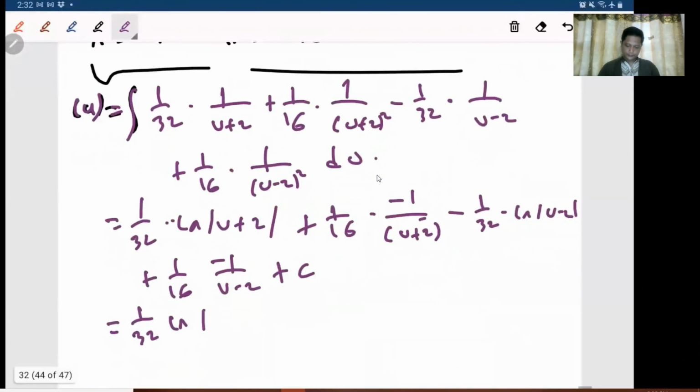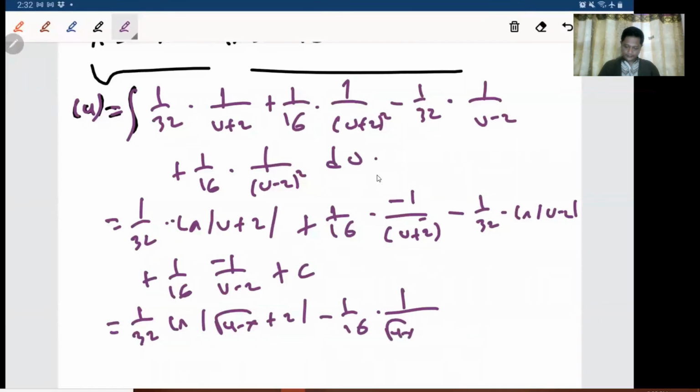So I have this one is the square root of 4 minus x plus 2. This one is minus 1 over 16 times 1 over the square root of 4 minus x plus 2. If you wish, you can try to simplify it, but if not, that's also fine, because the lecturer also knows that this one is very long.